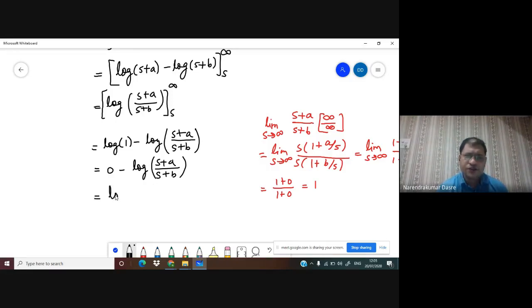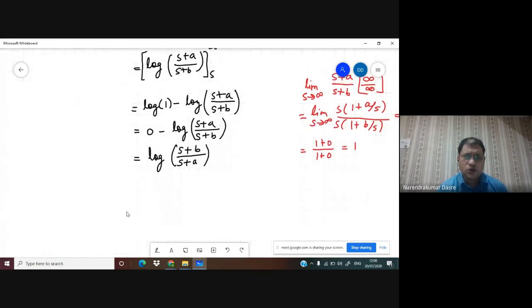So if you absorb this minus sign, then it becomes log of (s + b) upon (s + a). And hence what we are actually finding is the Laplace transform of f of t.